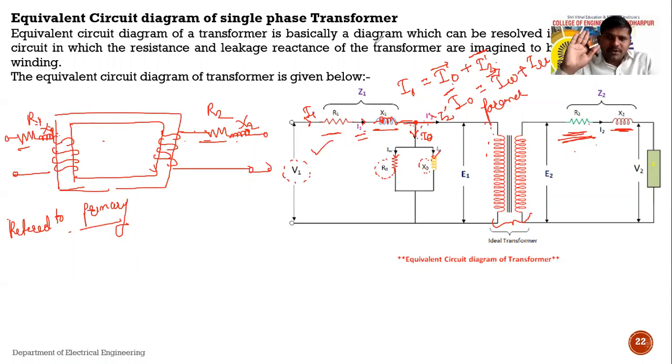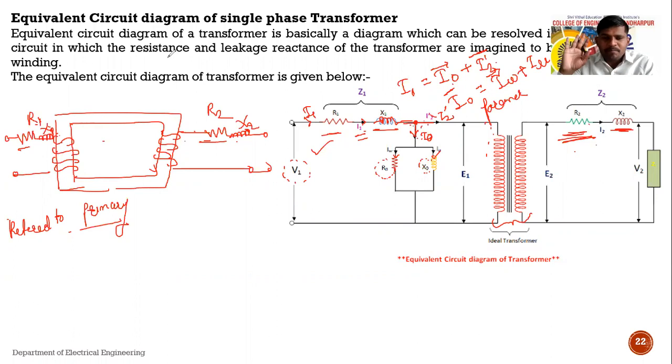Yes, sir. Okay, see, suppose we are considering referred to primary side. The meaning of that is the secondary value should be transferred into primary side, right? Yes, sir. See, suppose we are considering a resistance. I want to find out the equivalent value of resistance. So this is useful while calculating the equivalent circuit diagram.